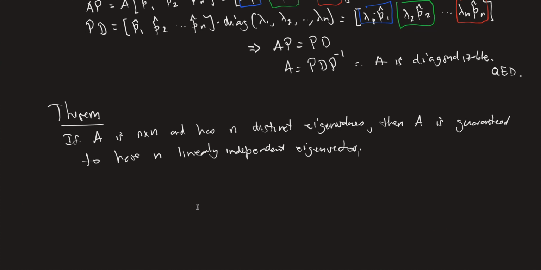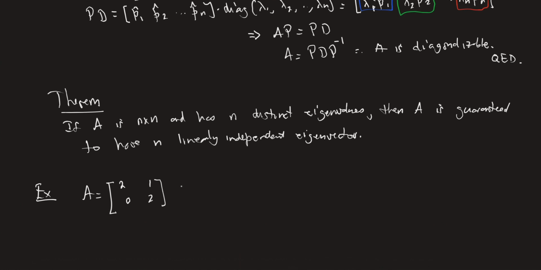So when can this fail? Let's take a look at a simple 2 by 2 example. Let's say we have a matrix A of the form 2, 1, 0, 2. Notice, this is upper triangular. What we know about triangular matrices is that it's fairly easy to identify their eigenvalues. It's just the entries on the main diagonal. But in this case, lambda 1 and lambda 2 are equal to 2.